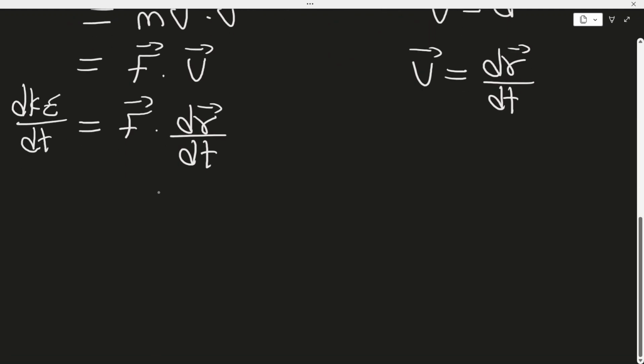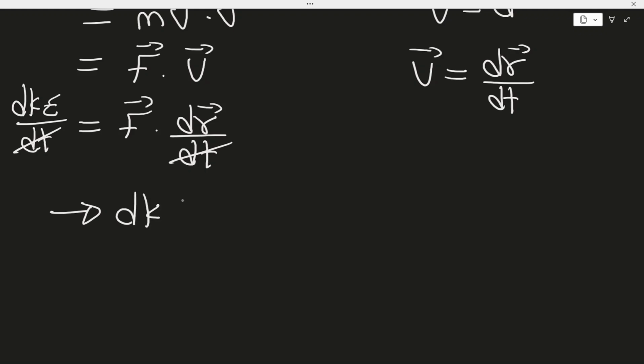Notice that we can cancel a dt from both sides. So what we are left with is, of course, dKE is equal to the force dot product with the displacement vector, or rather the infinitesimal displacement vector.